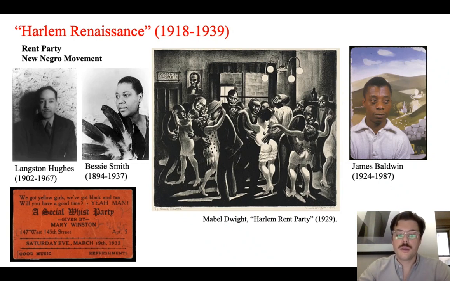So in a way, the promises and the visions of freedoms that black migrants, we also have to keep in mind that this is the social and cultural milieu out of which people like James Baldwin, formative literary figures of the 20th century, emerge. And there's quite a number of details in which James Baldwin is recounting his youth during the Harlem Renaissance, attending rent parties and taking part in all of the cultural activities that are rooted in the Harlem Renaissance.